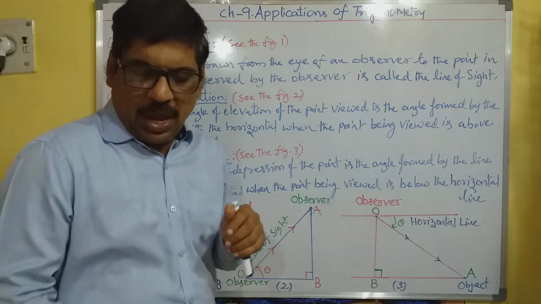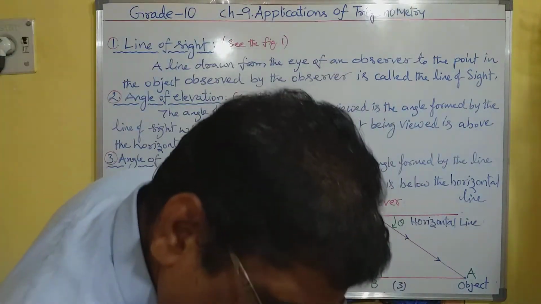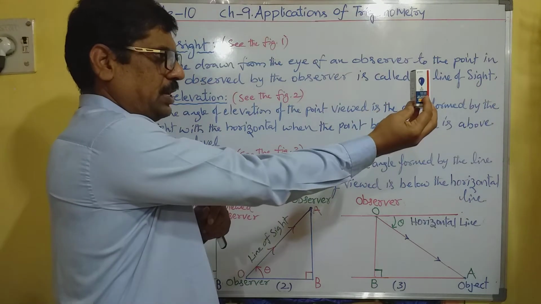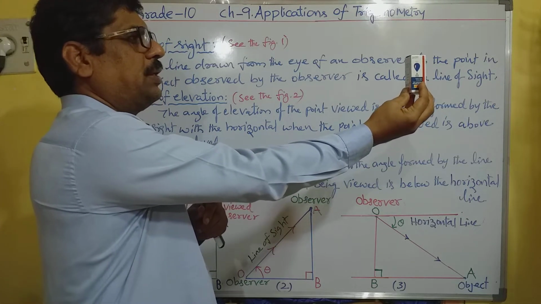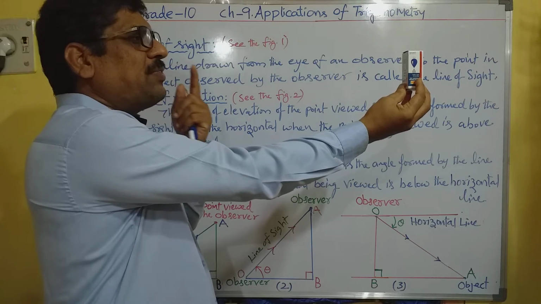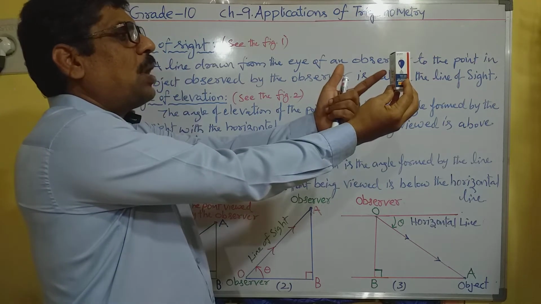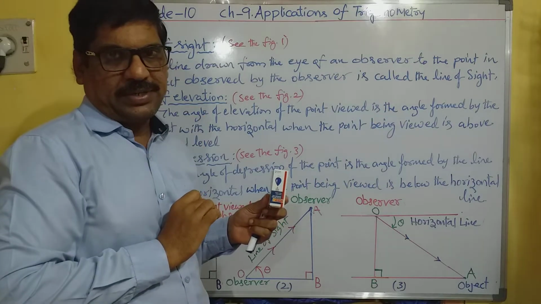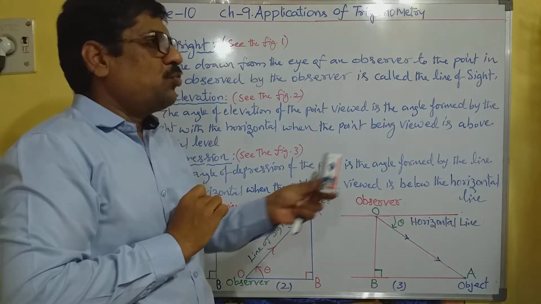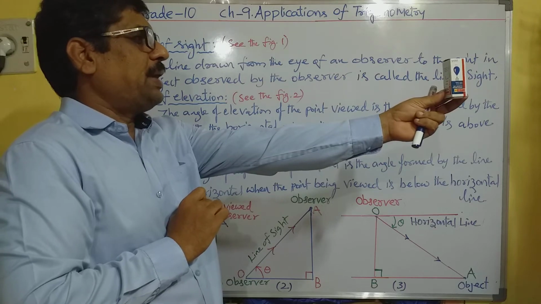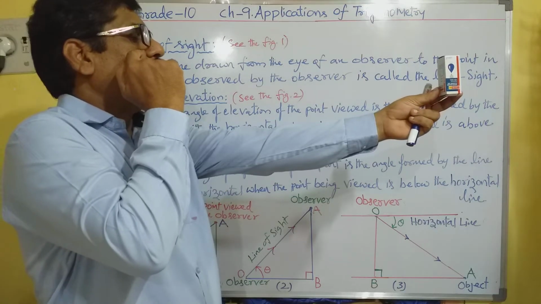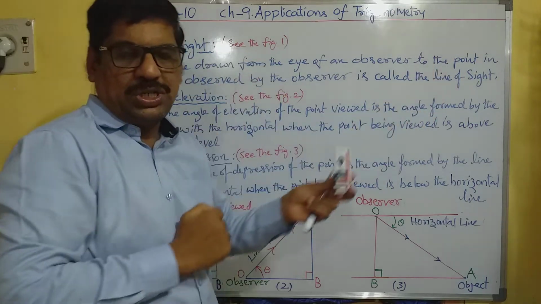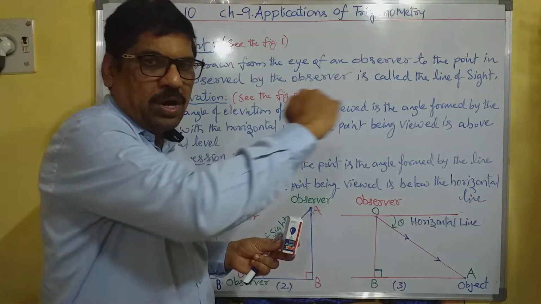For example, if I am looking at an object like this, so I am looking straight at that object, then the imaginary line from my eye to the object is called the line of sight. If it is straight like this, the line makes 0 degrees with the horizontal. That is the horizontal line.